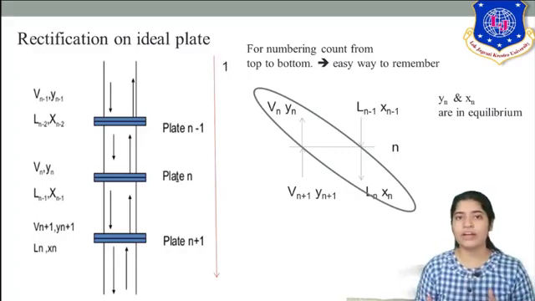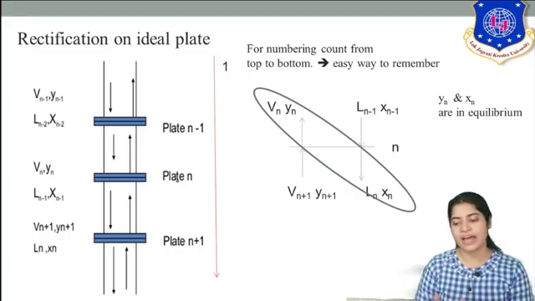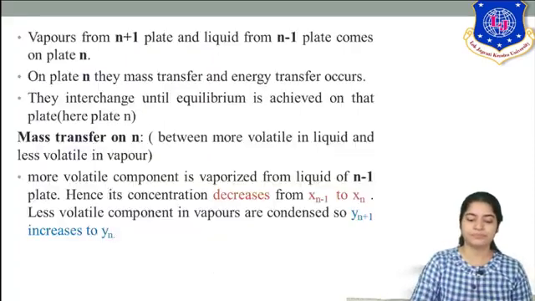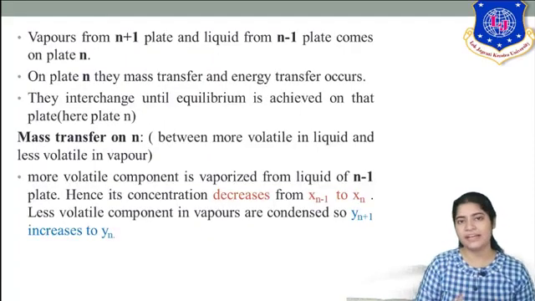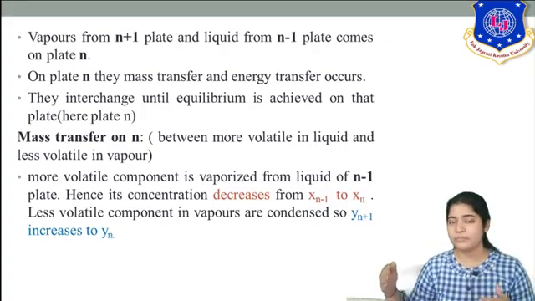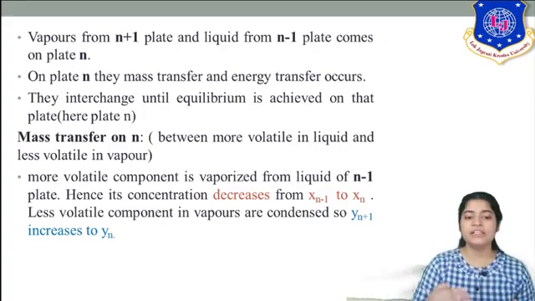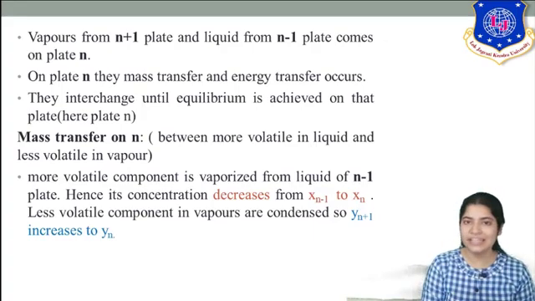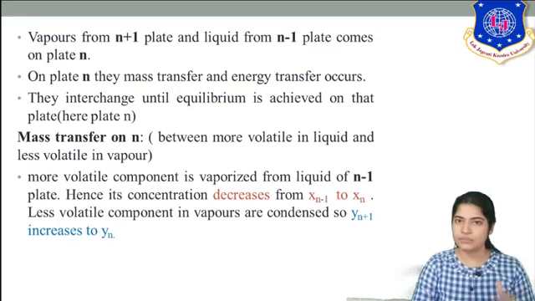Now what is the need here? We have to convert the more volatile component from liquid to vapor. So on plate N your more volatile component will transfer from liquid to vapor. It means the composition of the more volatile component has decreased from Xn minus 1 to Xn.